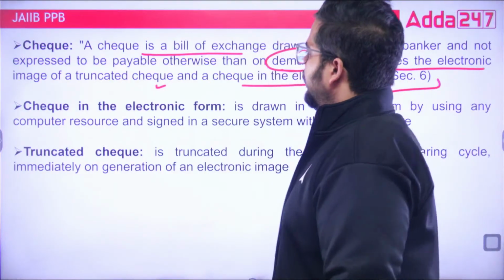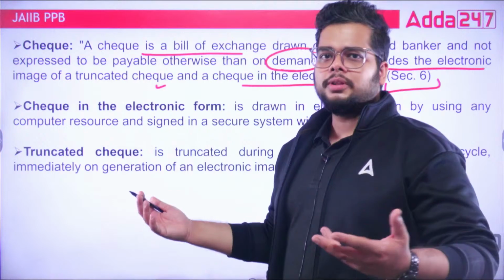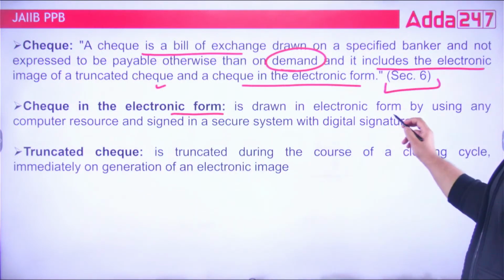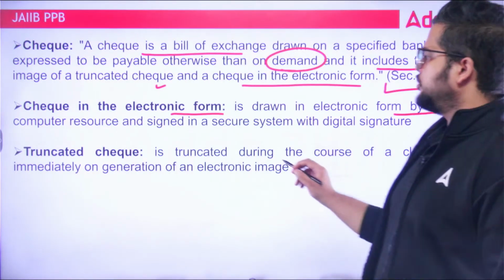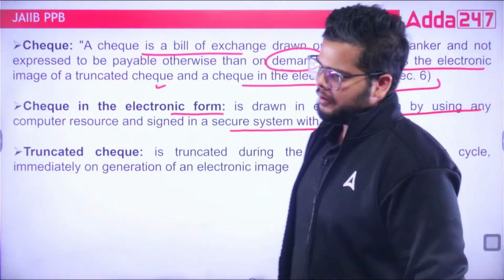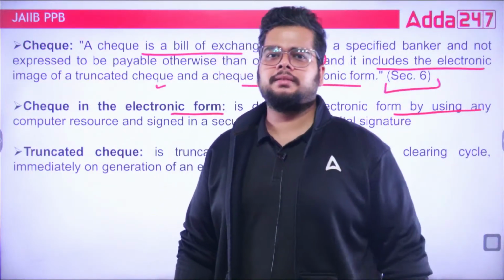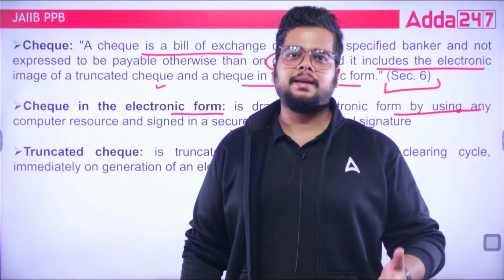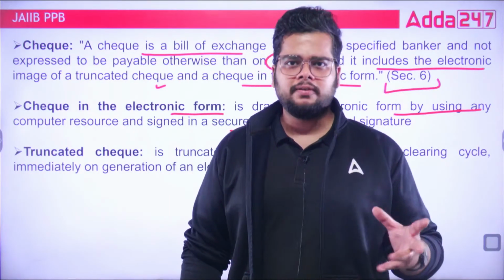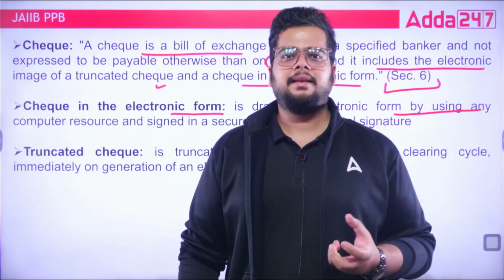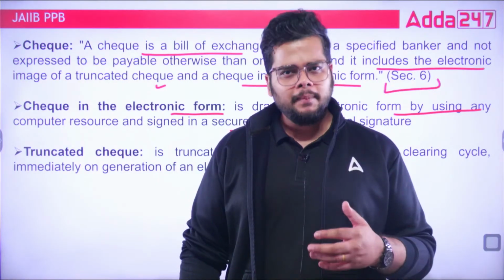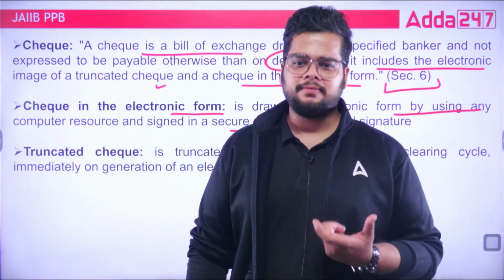Next, what we need to know about the check in electronic form. It is drawn in electronic form by using any computer resource and signed in a secure system with a digital signature. Specific checks used in net banking, mostly by the CC limit owners in the revolving fund, have access to a particular check which is digitally signed, and they can make payment using those checks as well.